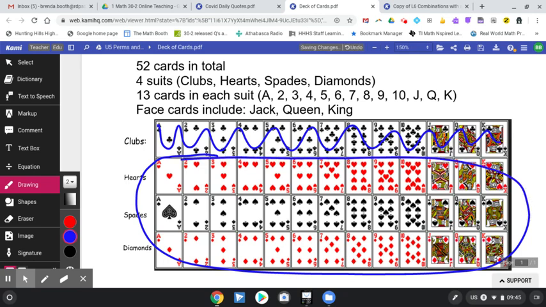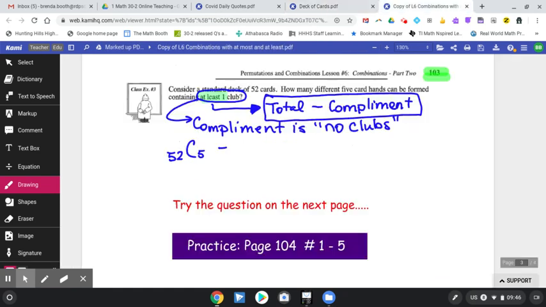So 52 in the deck, subtract the 13 clubs, there are 39 cards that are not clubs. So to figure out how many 5-card hands have no clubs, there are 39 cards available that are not clubs, and we're going to choose 5. And it comes out to be 2,023,203.